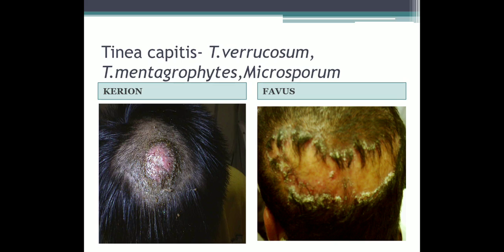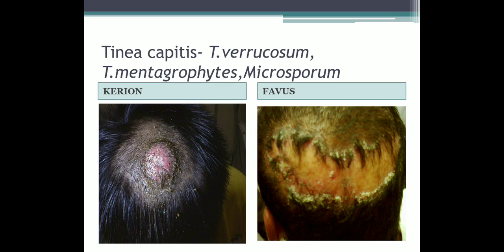Depending on the site of localization of the lesion, these dermatophytes have been given various names. If it is noticed in the scalp, it is called Tinea capitis. The causative organisms of Tinea capitis are mentioned. Tinea capitis primarily causes many manifestations.